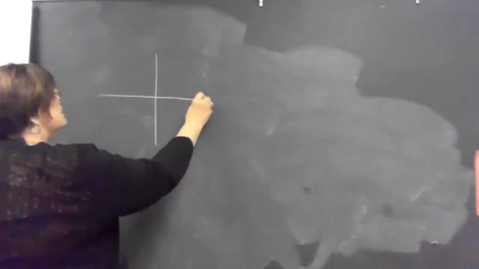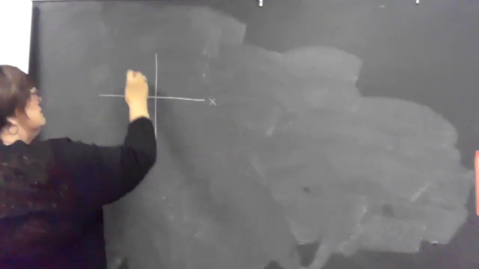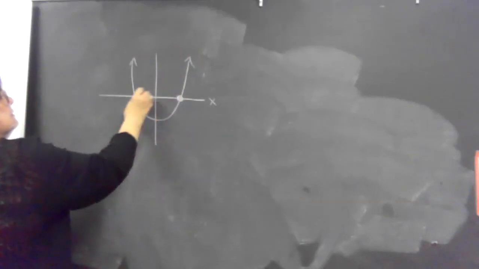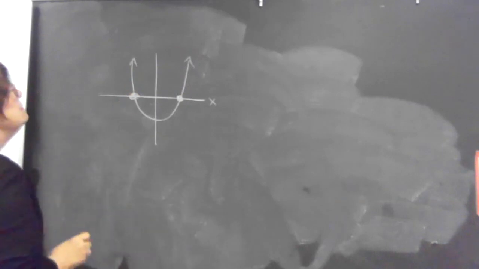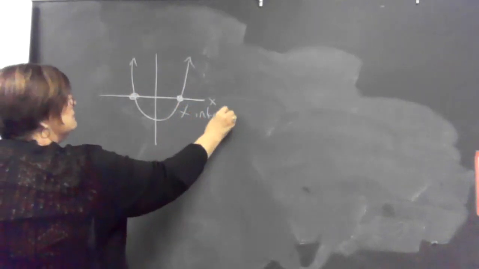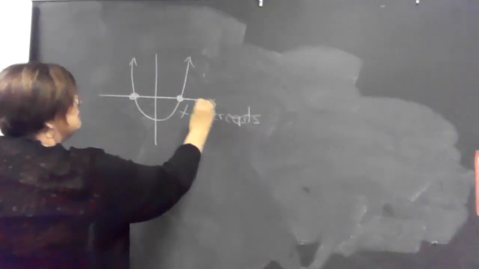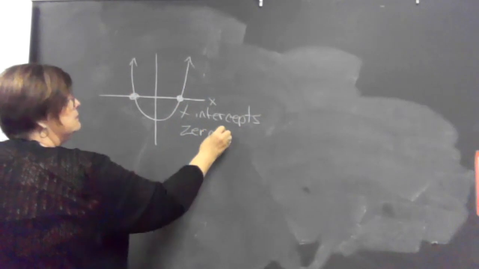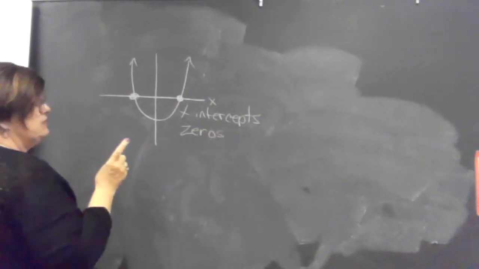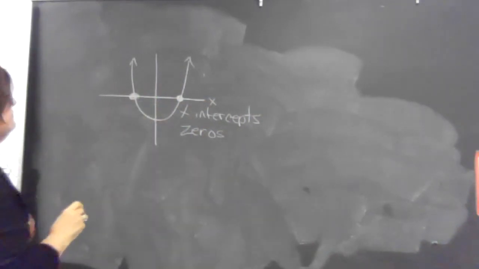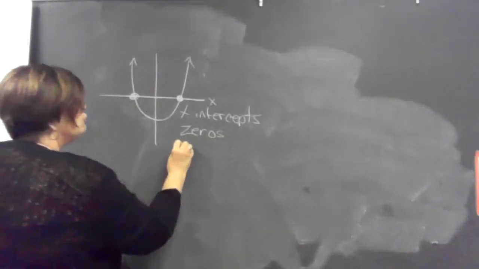Now, one thing that I said last week, and we need to say it again, is on the x-intercepts, which we said are the points where they cross the x. These are called x-intercepts. But they are many times called zeros. Same thing. If it says find the zeros, they're wanting you to find where the picture crosses the x-axis. They may call them roots.